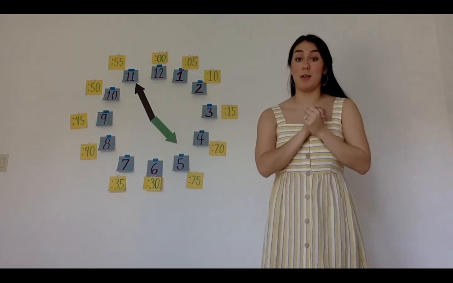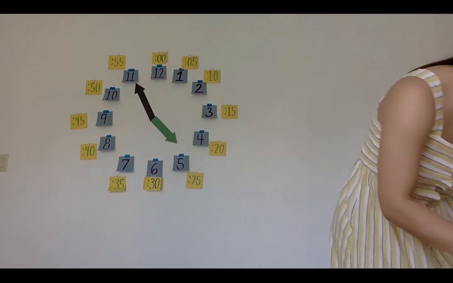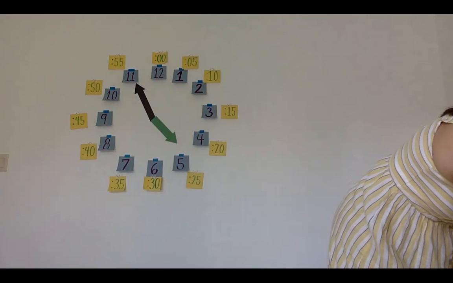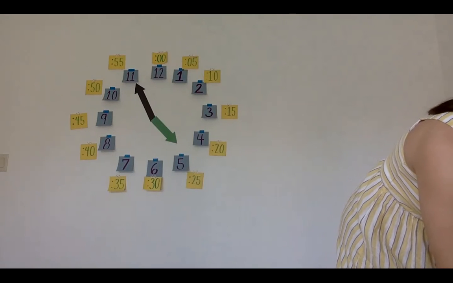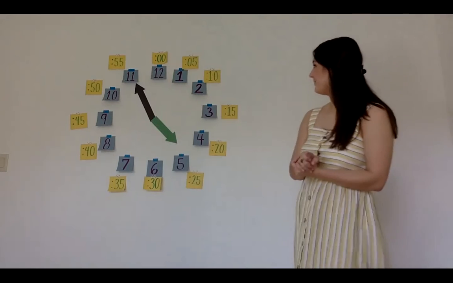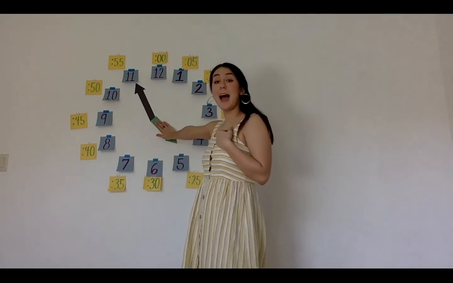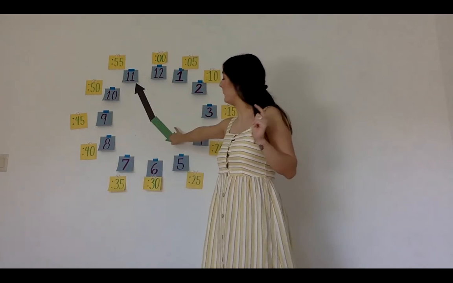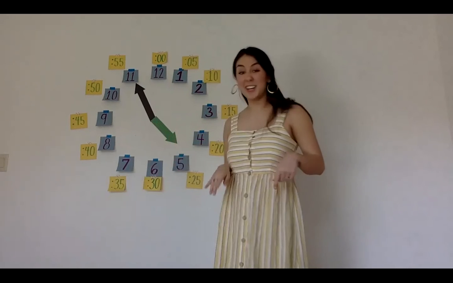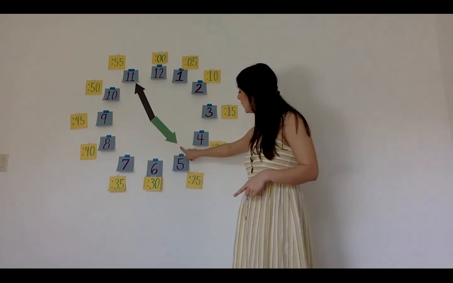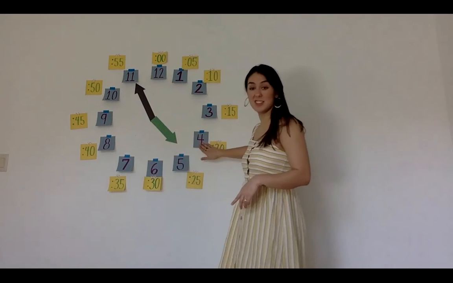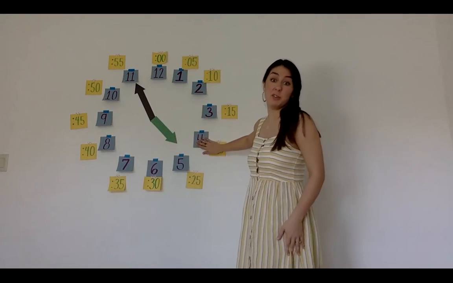Okay, this one's kind of tricky. See if you can figure it out, and then we'll talk through it. Okay, first up, look at my hour hand, the short one. So on this one, it's kind of tricky because it looks like it's almost pointing at the 5. But it hasn't quite gotten to the 5 yet, which means it's still in the hour 4.